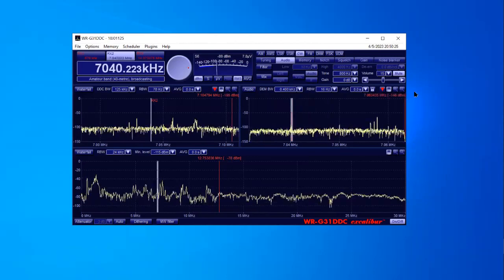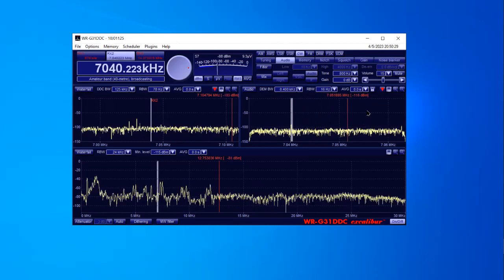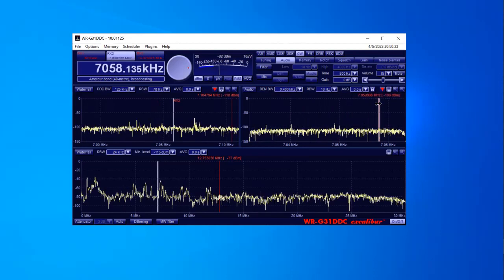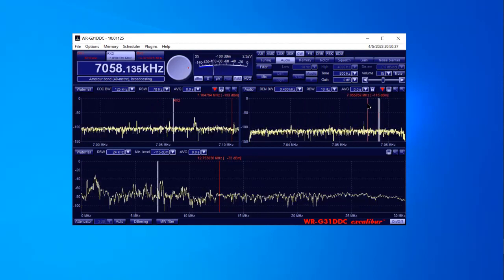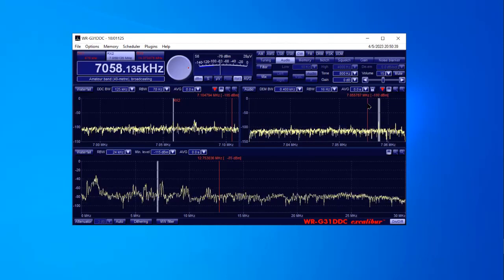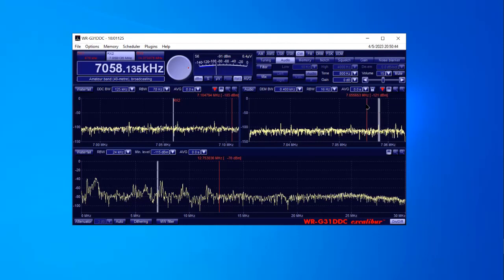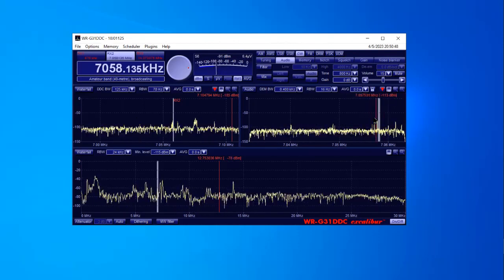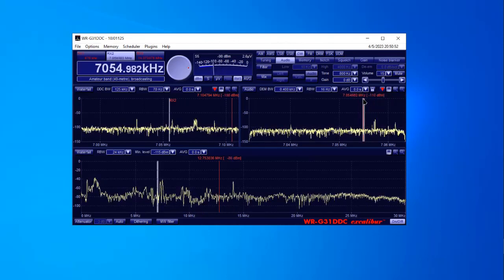And that's got a sound card in it. There you go. I could almost copy that. Yeah, that might be 5 words a minute. That's nice and slow.